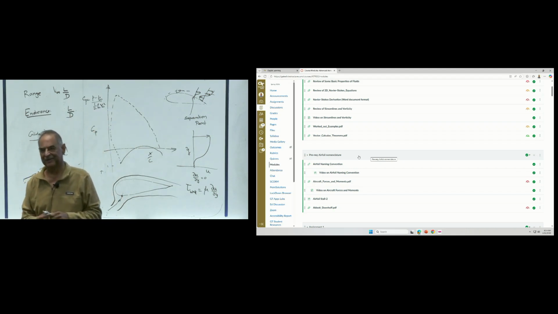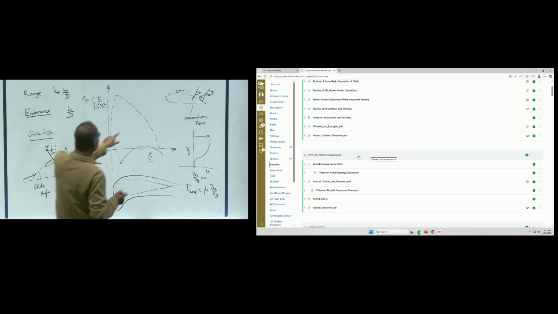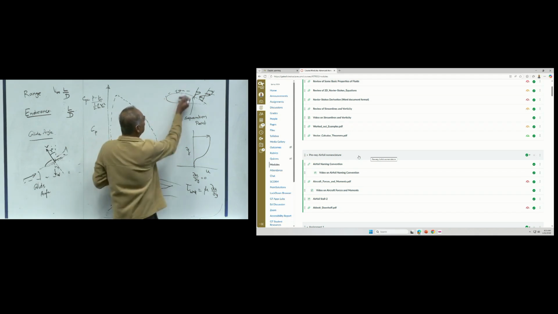Yes, please, Felix. The separation point is the same as where du/dy is 0. That's called a separation point. Is that your question? No, transition will occur much earlier. The flow may become laminar to turbulent somewhere here.